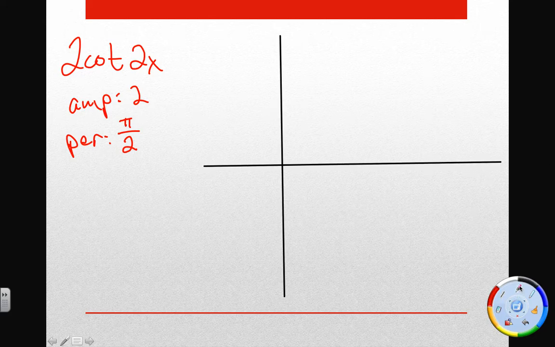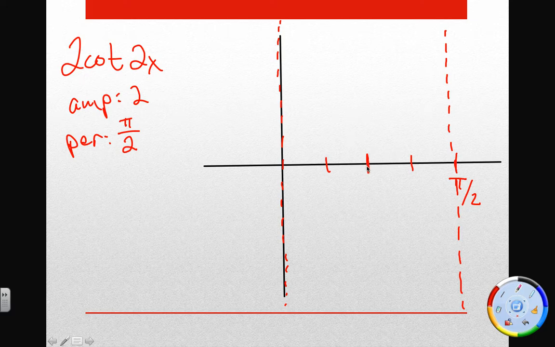Okay, because I did not shift left or right, I automatically have an asymptote at the y-axis. Then my next asymptote comes 1 full period away, and 1 full period is pi halves. And then I cut that in half, and then half again, just like we did for sine and cosine.